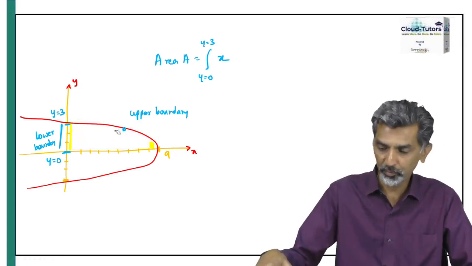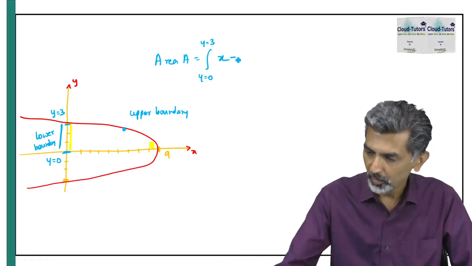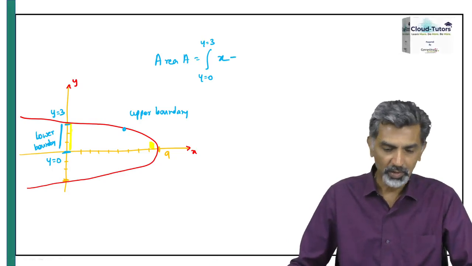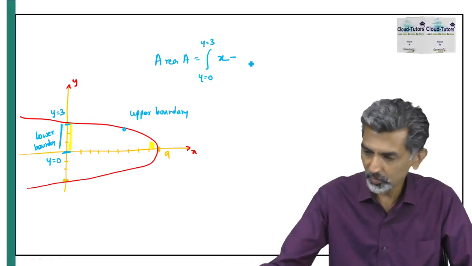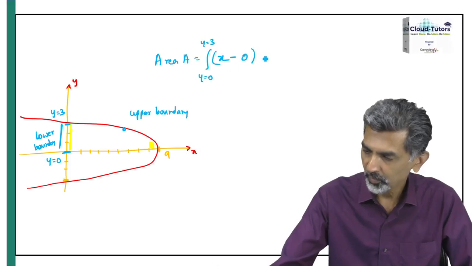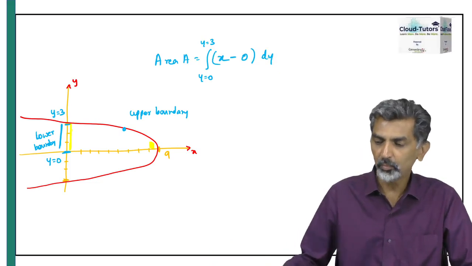That is just x. So it is x. And the lower boundary is the line x is equal to 0 itself, which is 0 dy. I'm rewriting the entire integral in terms of y.